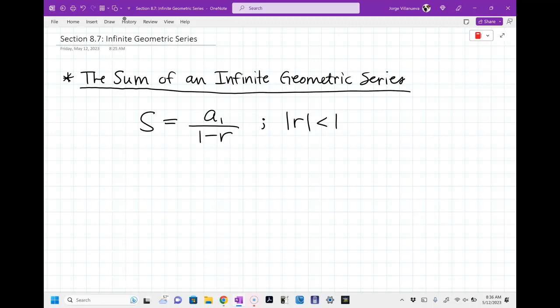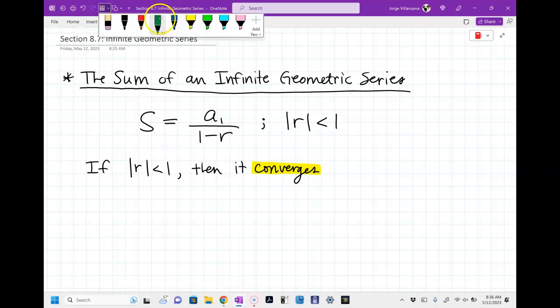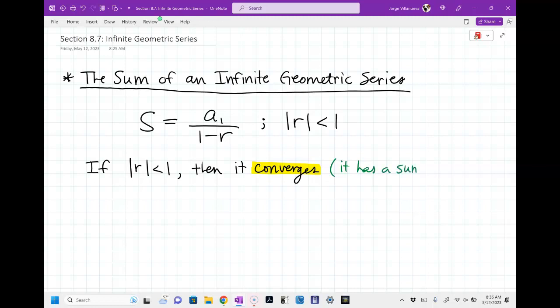So let me put right here, if the absolute value of r is less than 1, then it converges, and I'm going to highlight that, which means it has a sum.